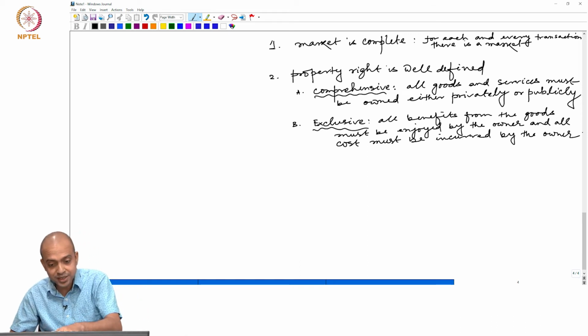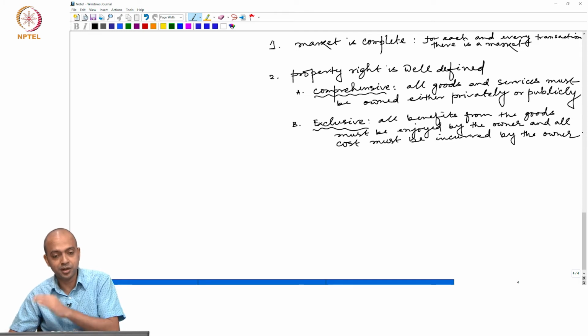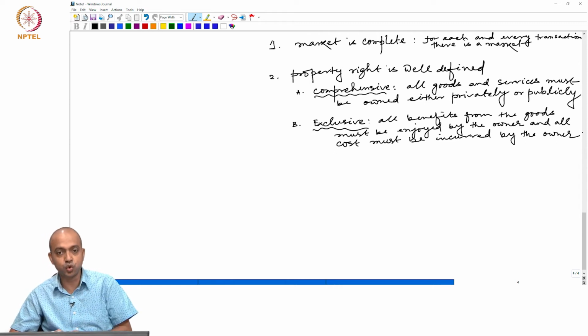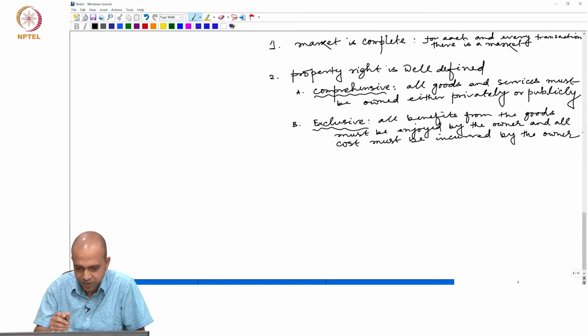That is why, if that is the case, then we cannot say that property right is well defined. Property right is well defined only when all benefits and costs are either enjoyed or incurred by the resource owner or the owner of the goods and services. That is the second property, which is called exclusive.